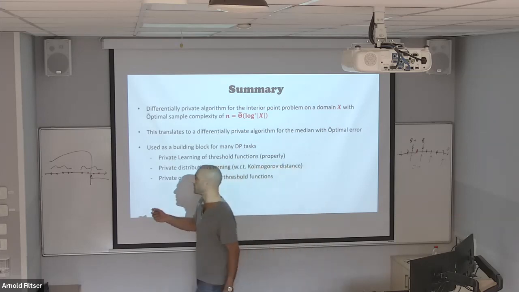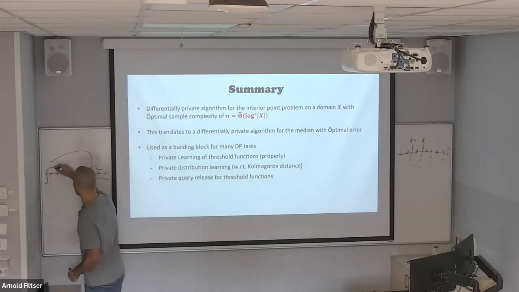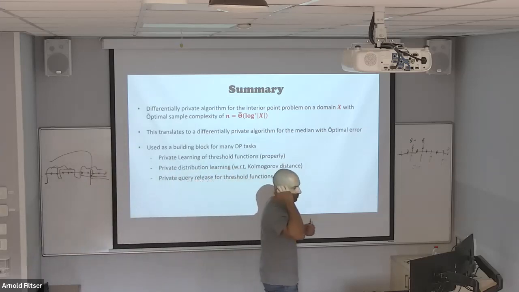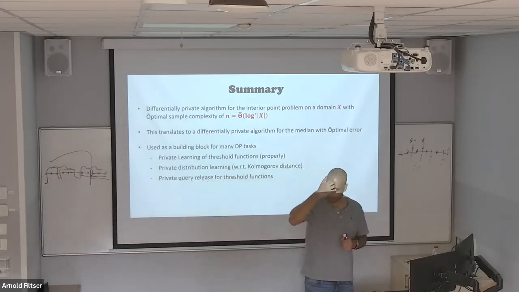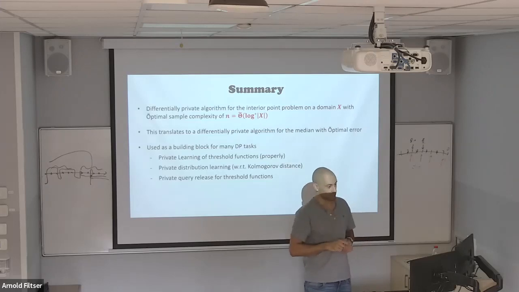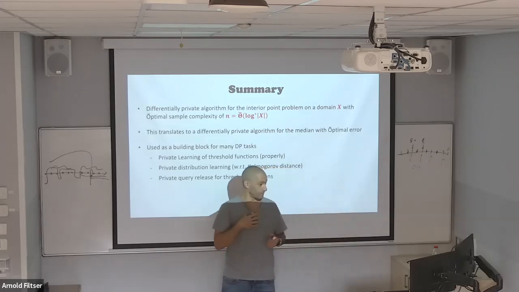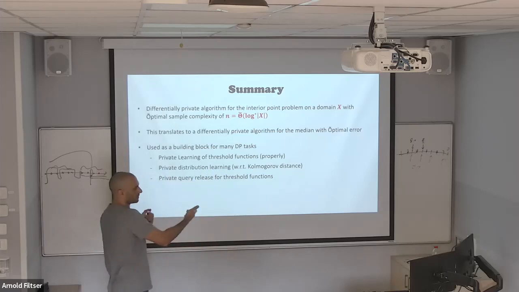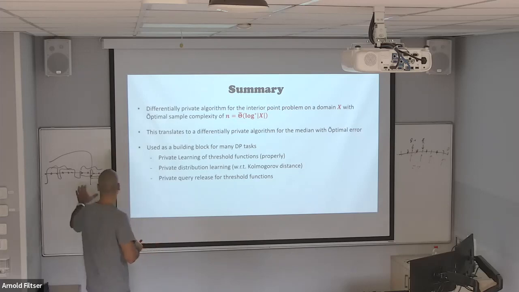What if you could give me a function that looks like this, which is kind of crazy looking, but somehow still provides good accuracy? The follow-up works, not by me, show a lower bound of log star X that holds even here.